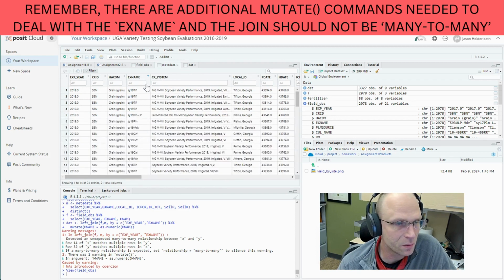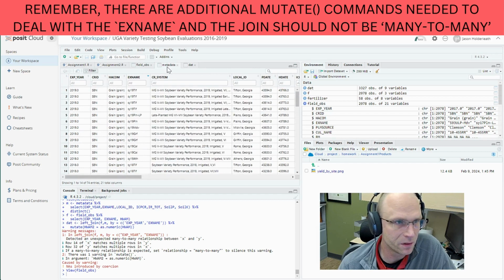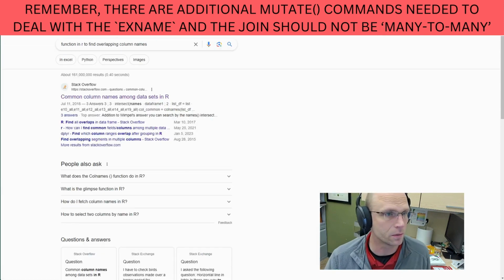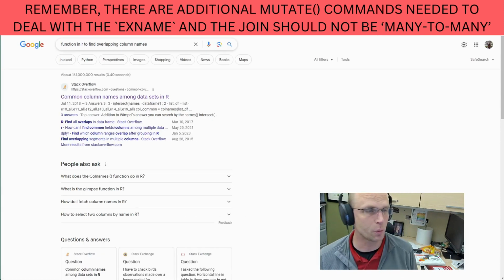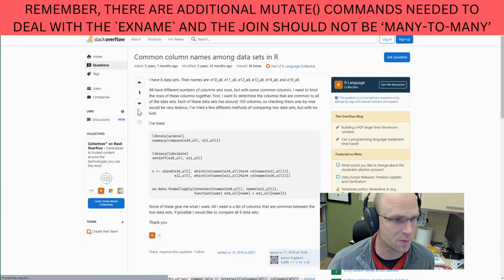Okay, so what else can we do to match metadata and field obs? I wonder if there's a function for overlapping names. All right, so Googling function to find overlapping column names. First hit, Stack Overflow, that looks promising.